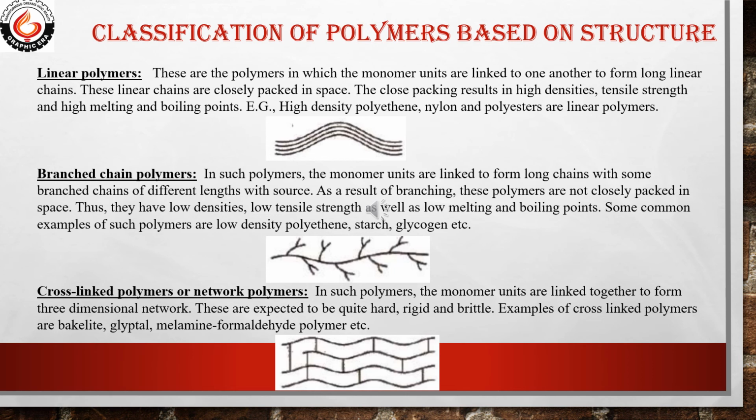In case of branched chain polymers, the monomeric units are linked together to form different chains, but they also have branchings in the main chain. These branchings create a distance between the two polymeric chains, due to which the different polymeric chains cannot be closely packed with each other.